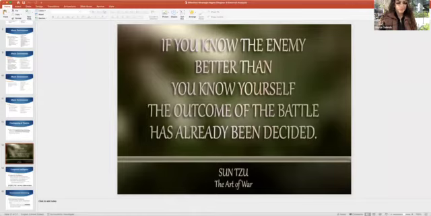Now, if I know your strategy and you know my strategy, and I know that you know my strategy, would my decisions be different? Yes. One more. If I know your strategy, you know my strategy, and you know that I know your strategy, would your strategy be different? Absolutely. Yeah.